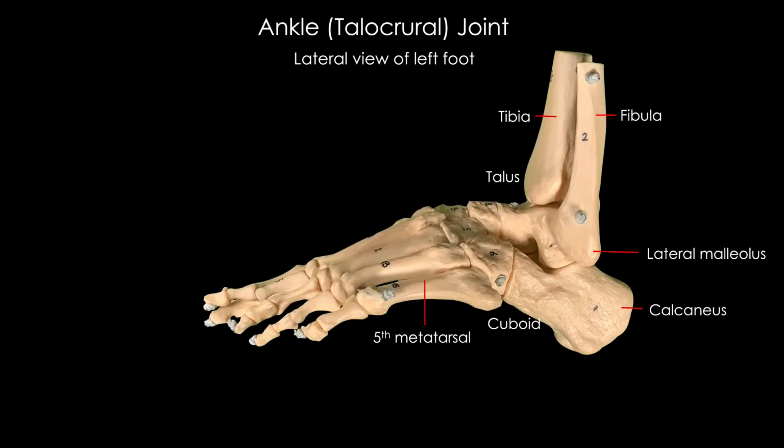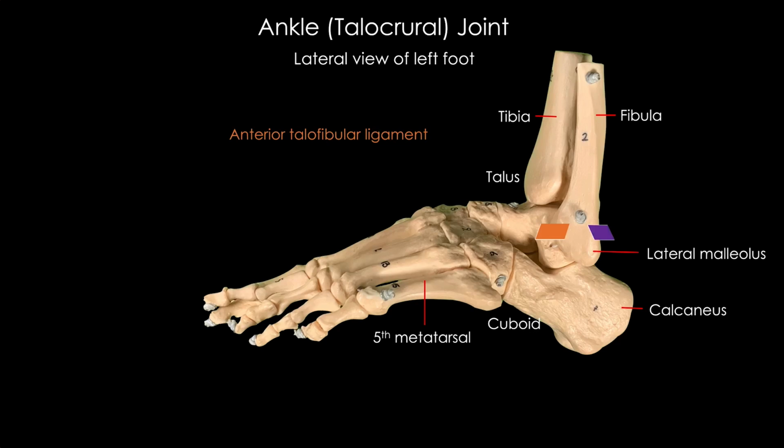Now let's look at the lateral view of the same left foot, and let's see what are the ligaments present in my lateral collateral ligament. We can see there's a slip of this ligament which extends from my fibula towards my talus, going anteriorly, so we call it the anterior talo-fibular ligament.